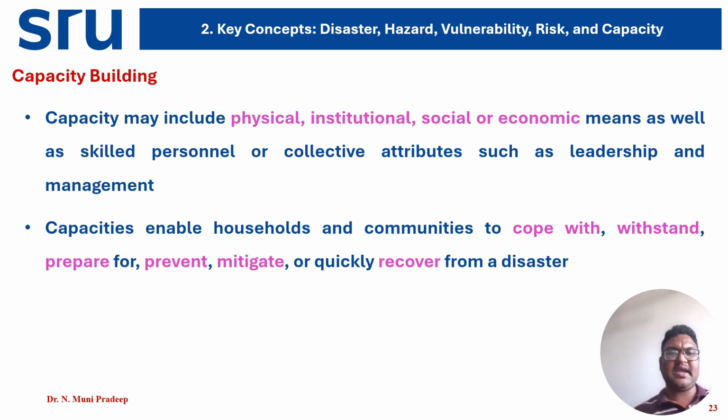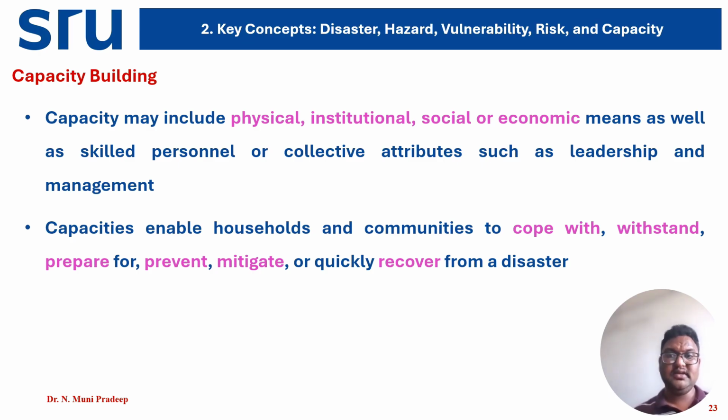So capacity may include physical means such as well-built shelters, emergency equipment, and functioning hospitals. It includes institutional means such as a trained NDRF battalion. See, if any such incident happens in cities like Hyderabad, there may be an NDRF battalion available. But if the same thing happens in a very remote area, the NDRF battalion may not be able to reach within that time.